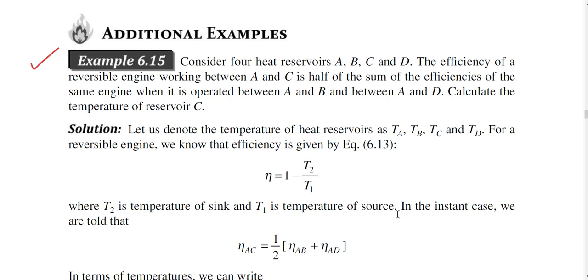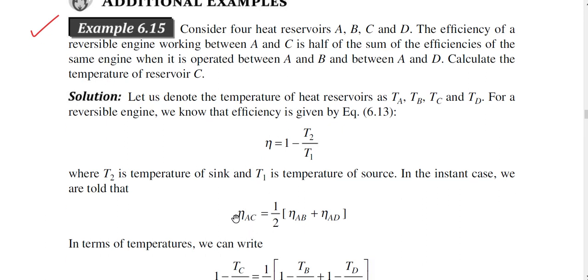Now, in the present case, if the engine is working between A and C, its efficiency we denote as eta AC. If the engine is working between A and B, then the efficiency is eta AB. And if the engine works between A and D, then the efficiency is eta AD.